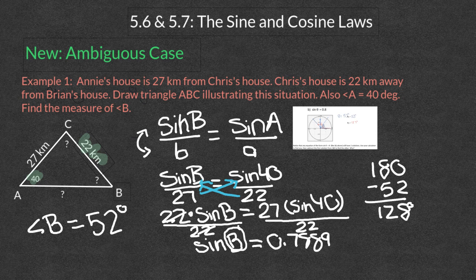That means that for angle B, that angle could either be 52 degrees, that's the acute, or we could have drawn it differently and got 128 degrees. So the next thing I'm going to show you is what that triangle would look like, the one with that really huge angle of 128 degrees.